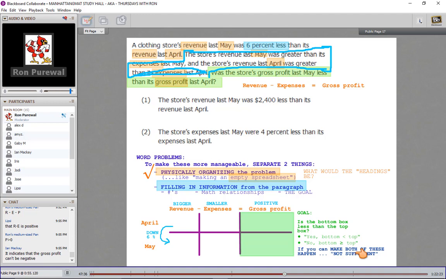Let's talk about it. How long should statement 1 have taken, you guys? Statement 1. Yeah, statement 1 doesn't tell us anything at all about this column.